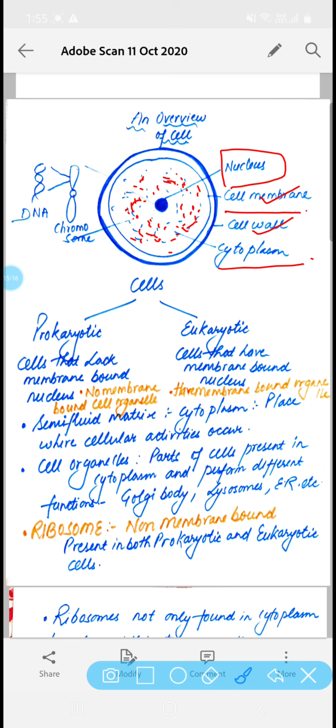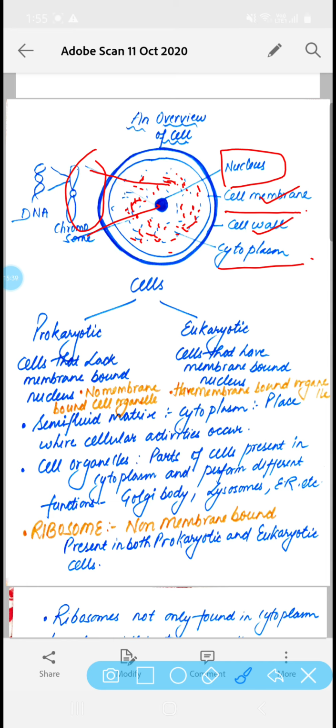Now the nucleus is the controlling unit of the cell, which controls all the activities of the cell that are performed by different organelles. The nucleus has one more advantage: it has complex structures called chromosomes.